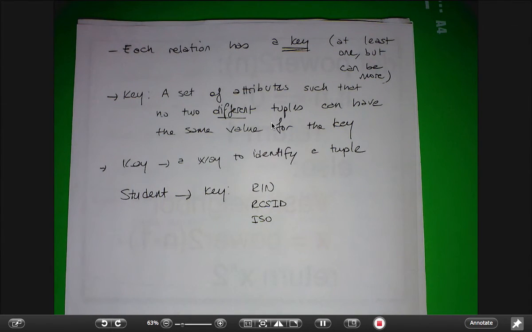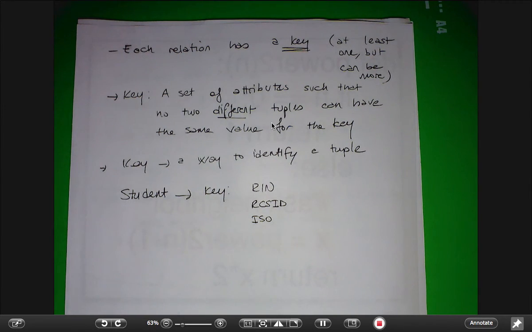Whenever I bring this up, sometimes people say I'm a transfer student or a visiting student. Do you have any visiting students? Yes. Social security? You don't. So you cannot have a key that doesn't have a value. Always have a value. But you can have more than one.